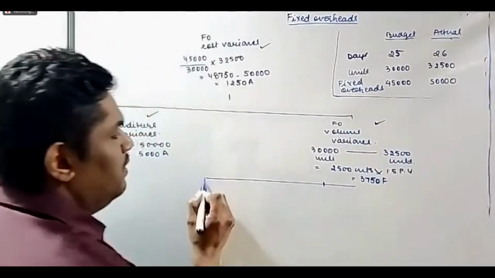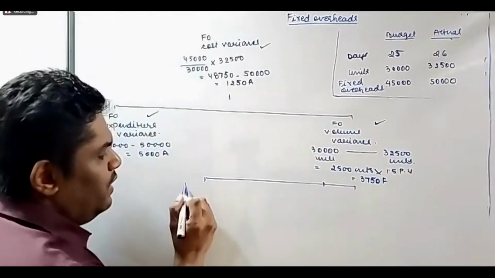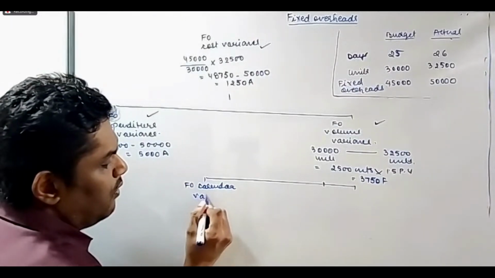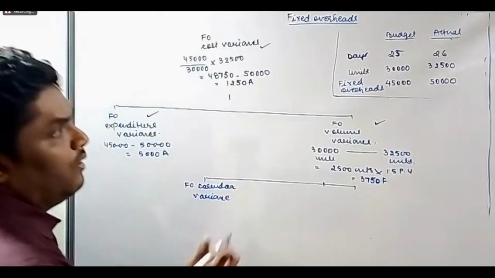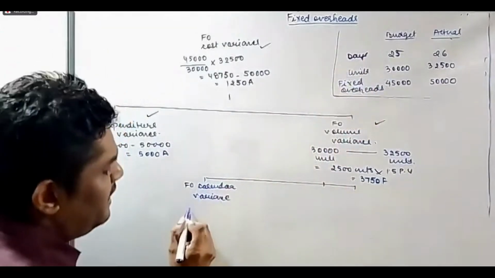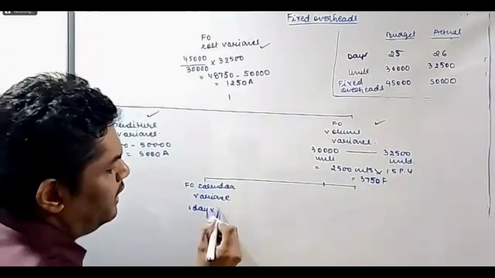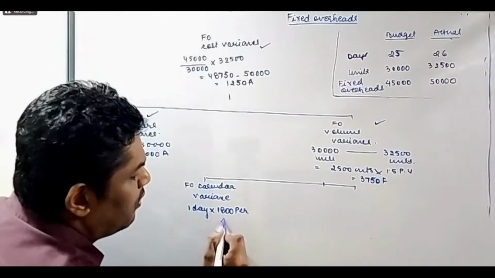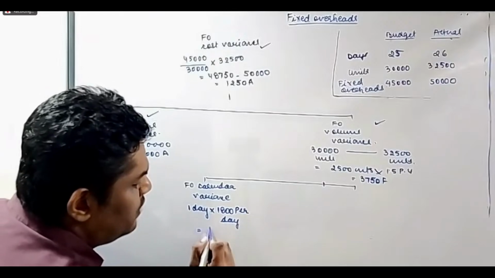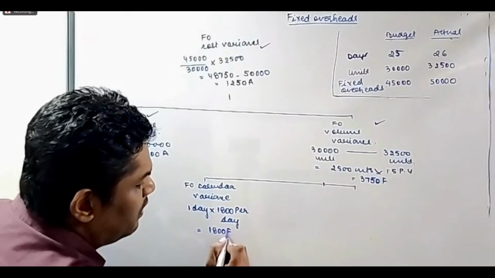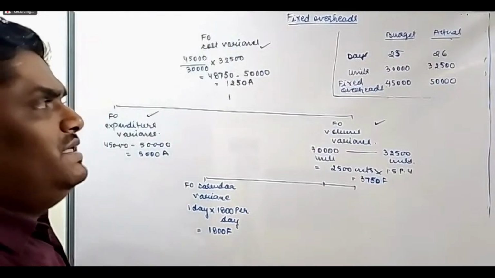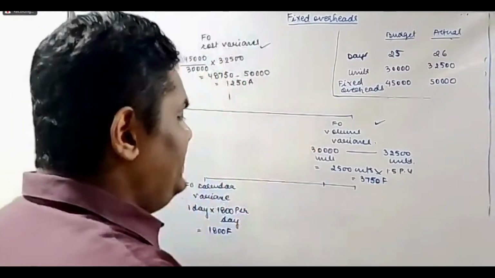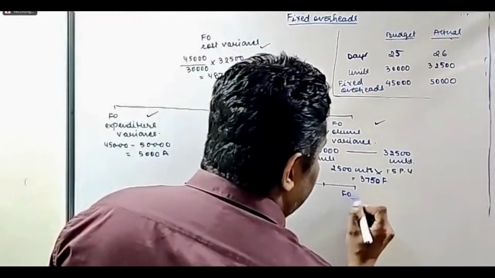Now herein, we will calculate the calendar variance. So very simple, 1 day into the rate per day, that is 1,800 rupees. So this will be 1,800 favorable. Now, since the hours are not given, we can't calculate capacity variance. But yes, we will calculate efficiency variance.